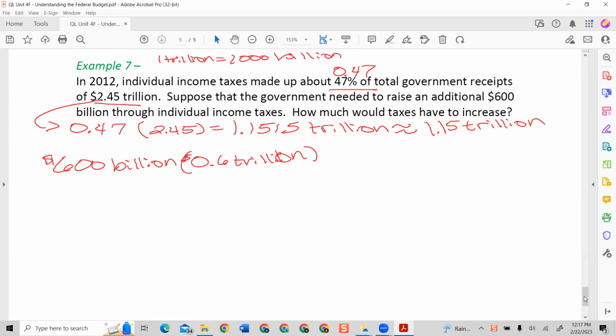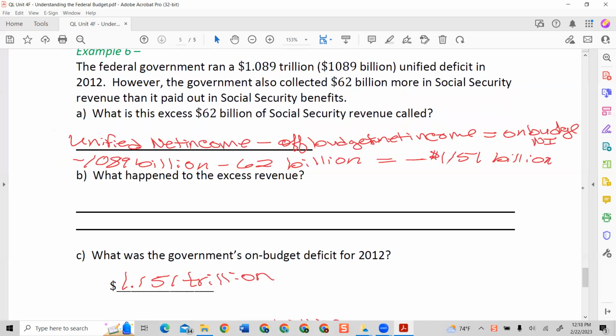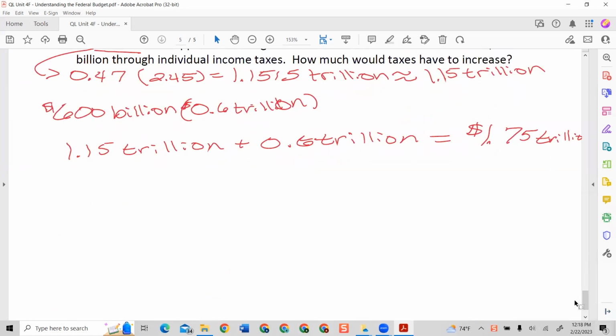Okay, now doing that, I'm going to take this 1.15 trillion and add it to the 0.6 trillion, which gives me 1.75 trillion. I'm going to hit this sidebar over here. All right, so now we have that number.